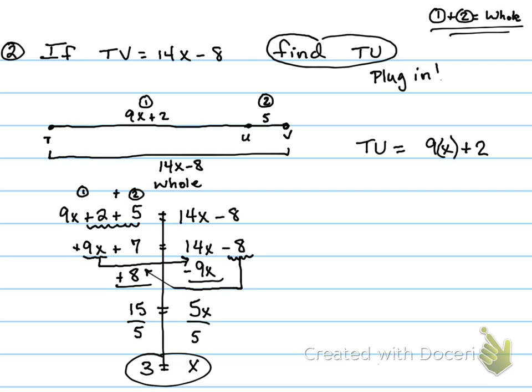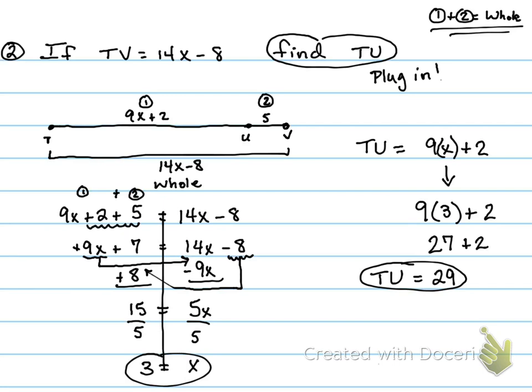Now we let x be 3. So we're going to plug a 3 in for that x. So instead of x, we have 3. 9 times 3, 27 plus 2. So we get that TU is equal to 29. And now we are finished.